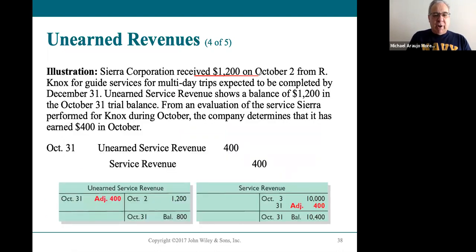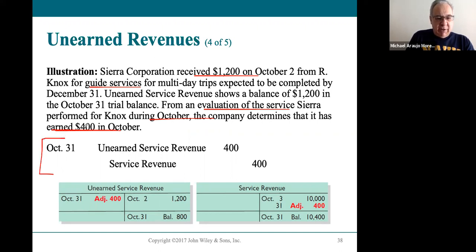So remember, Sierra Corporation got $1,200 from their client Arnox for these future tours, right? Because that's what they do, guided tours. Well, they did an evaluation at the end of October, and they actually performed $400 of tours for Arnox in October. Okay, well, then that needs an adjusting entry.